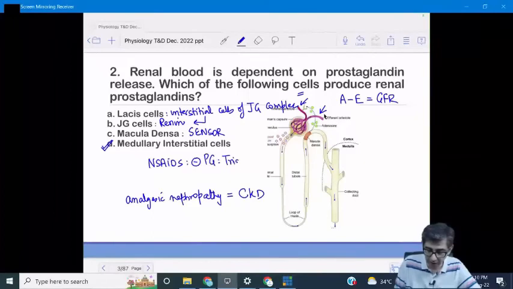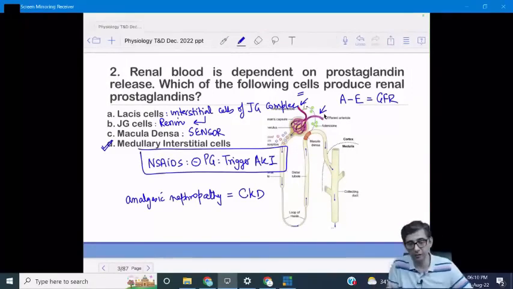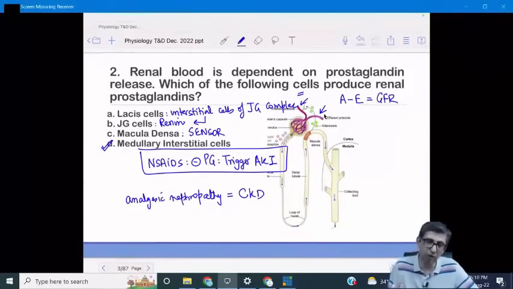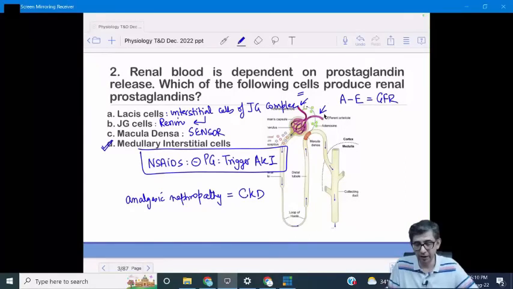That's the surprising thing that you need to remember, that NSAIDs can worsen or actually trigger acute kidney injury as well by inhibiting renal prostaglandin production. The function of renal prostaglandins is mainly that it helps in maintaining the gradient between the afferent and the efferent arteriole, which ensures a normal GFR of 125 ml per minute. The correct answer to question number 2 is option number D.